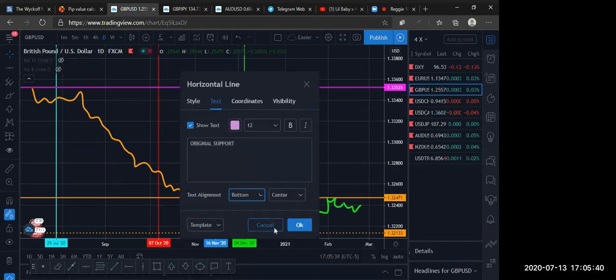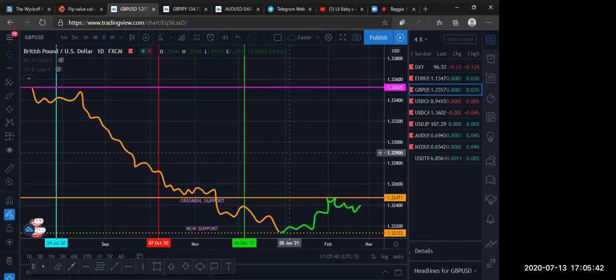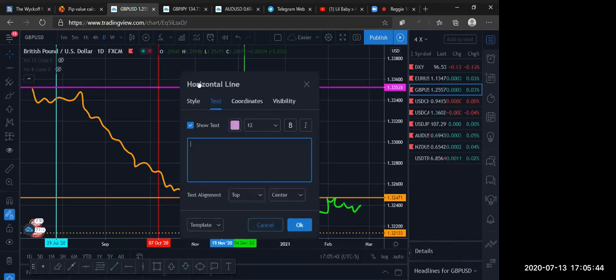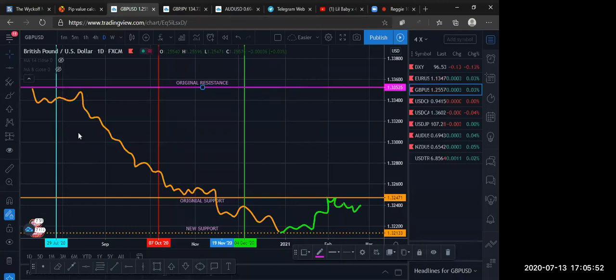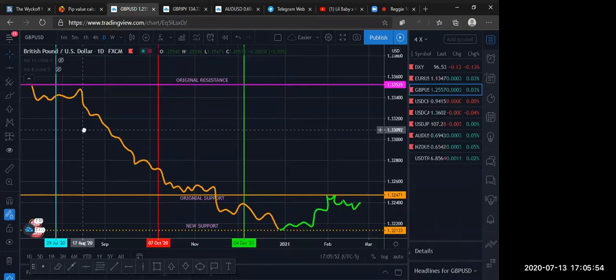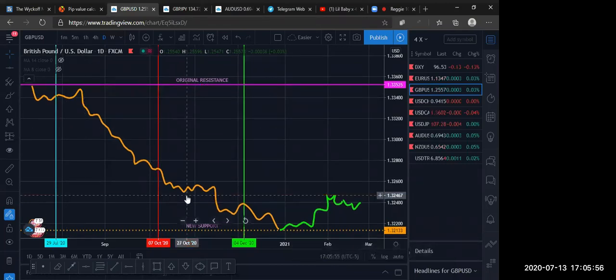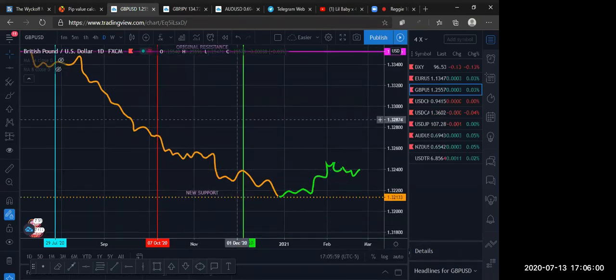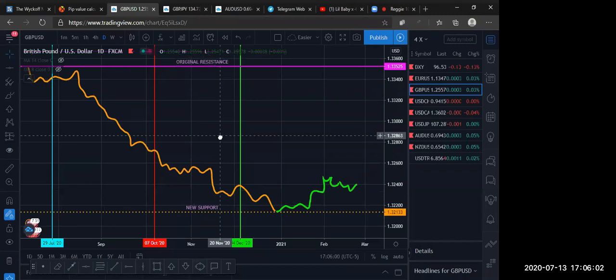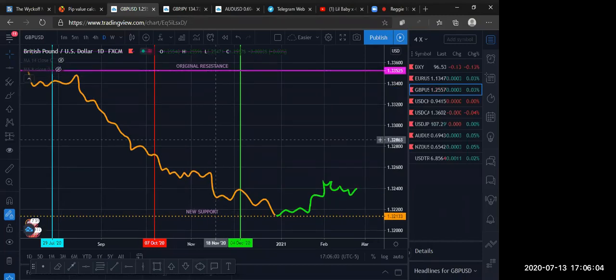All right, now up here we got original resistance. So we broke this old support, right? So now this is the new support that we're playing off of, but that doesn't necessarily mean we're coming back up here to retest that original resistance.